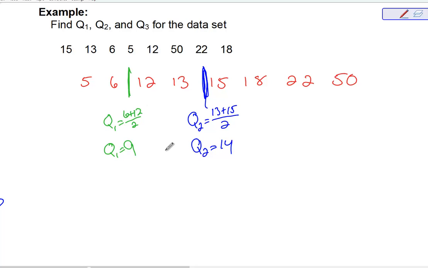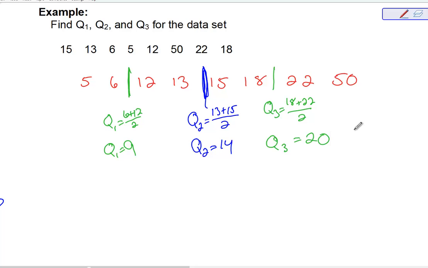So between 18 and 22 is going to be Q3, and divide those by 2. So Q3 is 20. So I have my Q1, my Q2, and my Q3.